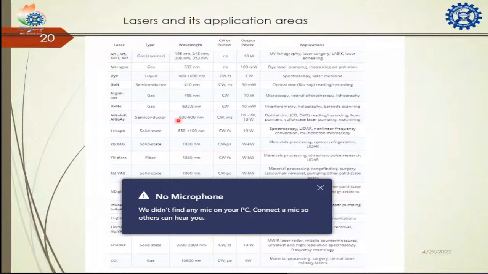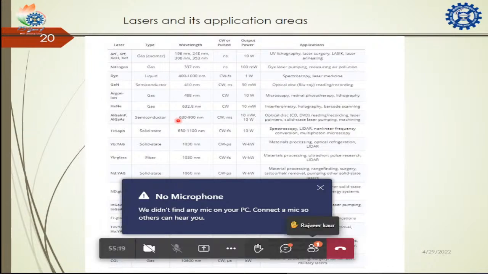Okay. So another question is, what are the laser applications in laser surgeries? Generally, in laser surgeries, gas lasers, that is excimer lasers, are used. From this graph, they typically have output power of around 10 watts or so, very high power lasers.